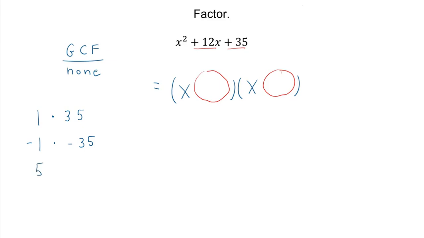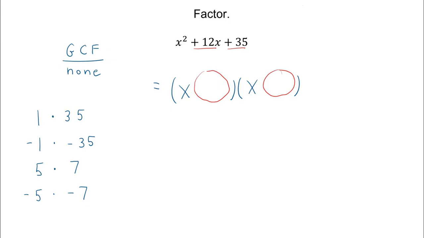Another option might be a positive 5 times a positive 7. And then finally, a negative 5 times a negative 7 will also give me a positive 35. So those are all the different ways we can multiply 2 numbers and get positive 35.